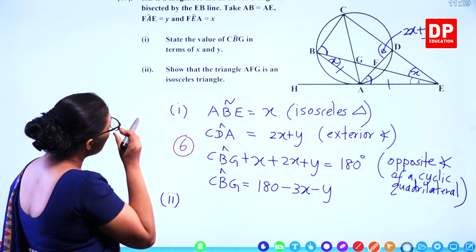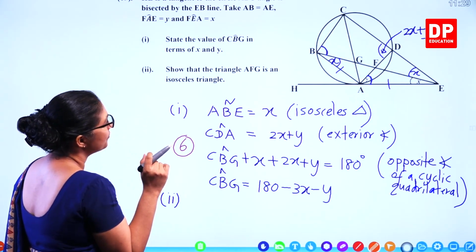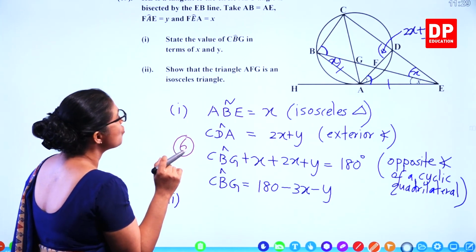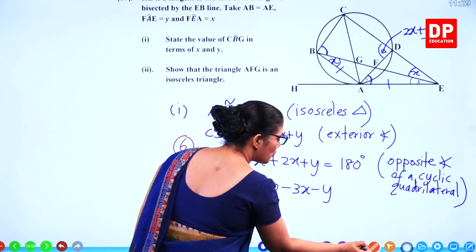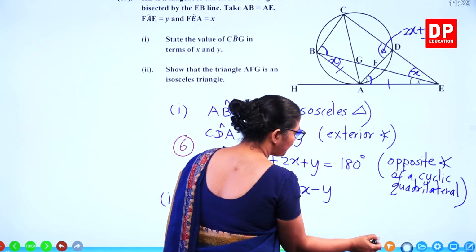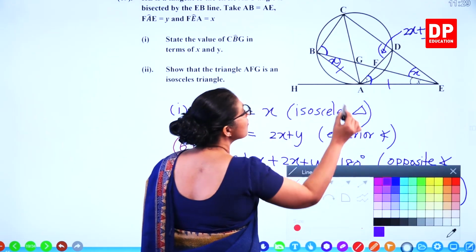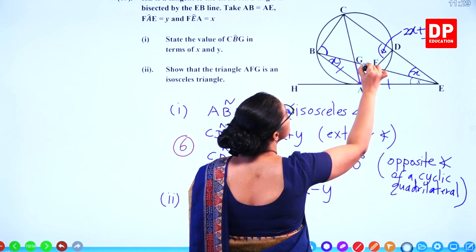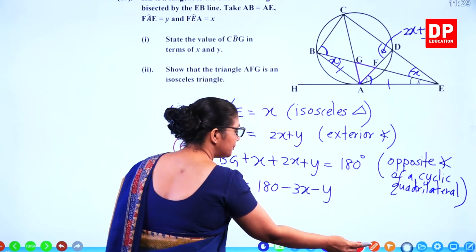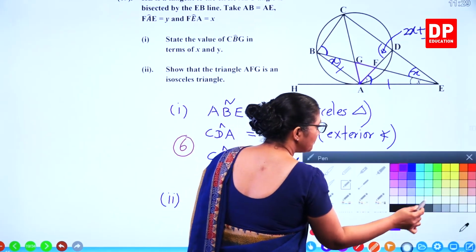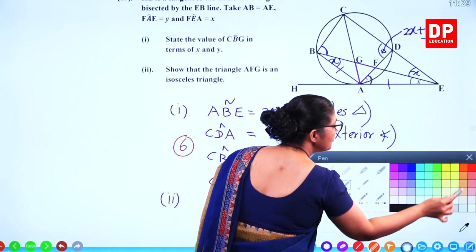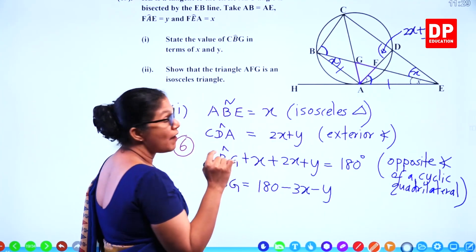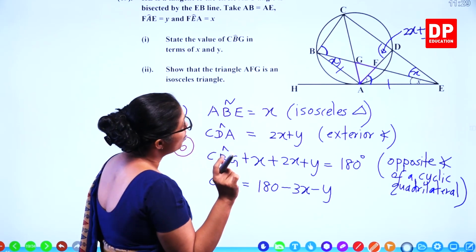Show that the triangle AFG is an isosceles triangle, the small triangle. So we'll draw it. This triangle is an isosceles triangle. So how can we find out? So the two angles should be equal.